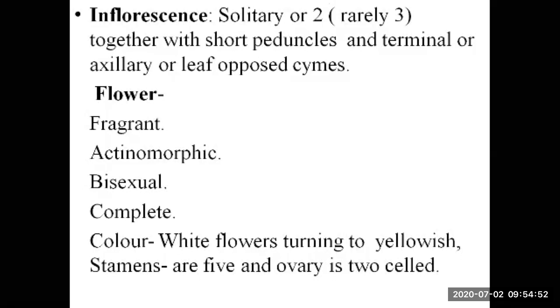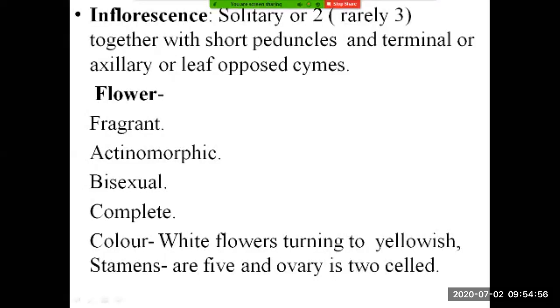The flowers are fragrant, that is aromatic in nature, and the features are actinomorphic, bisexual, complete. Actinomorphic means in any direction you will get equal halves, that is calyx, corolla, androecium, gynoecium, all the 4 parts.